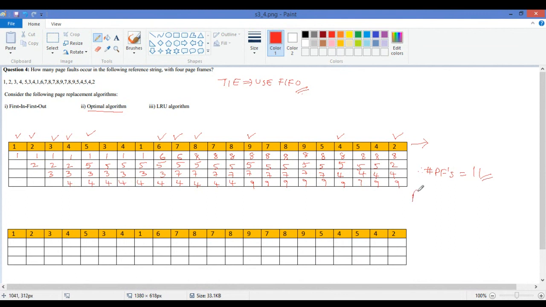Now the page fault ratio is 11 by 22, which is equivalent to 50%. Okay, this is the page fault ratio. So I hope you have understood this. Any questions?